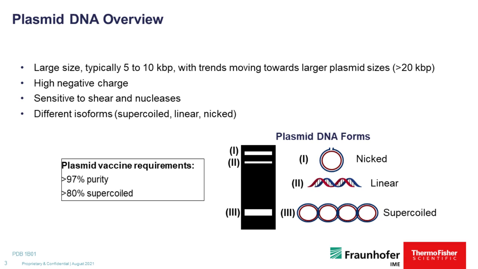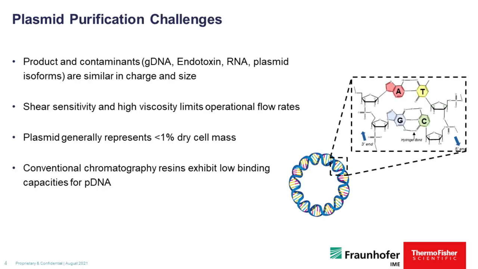In addition, the plasmid DNA also has a large negative charge density, and it is also sensitive to degradation by shear nucleases. Plasmid DNA exists in 3 isoforms, so that's what's shown on the bottom right figure. There is the nicked conformation, the linear, as well as the supercoiled, and the most relevant one is supercoiled, in which there is a vaccine requirement of greater than 80% supercoiled DNA.